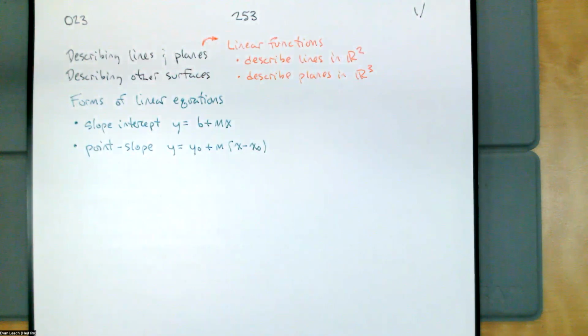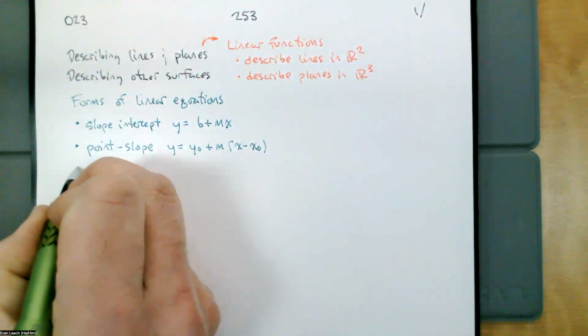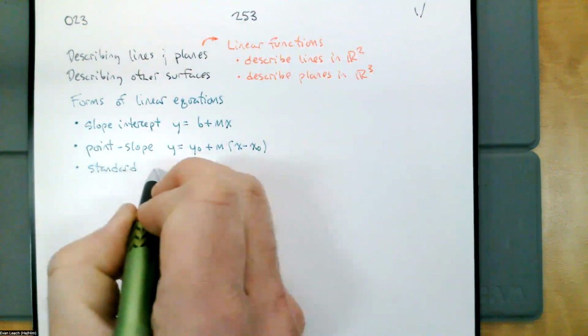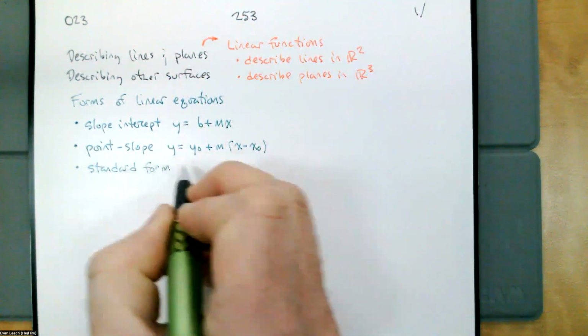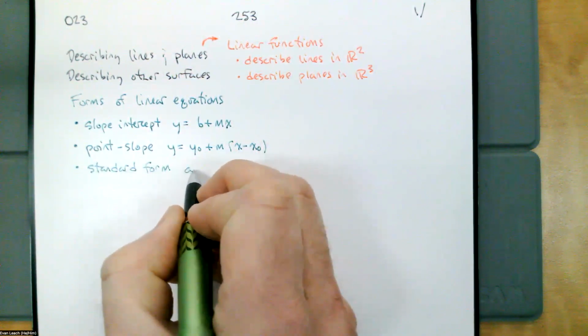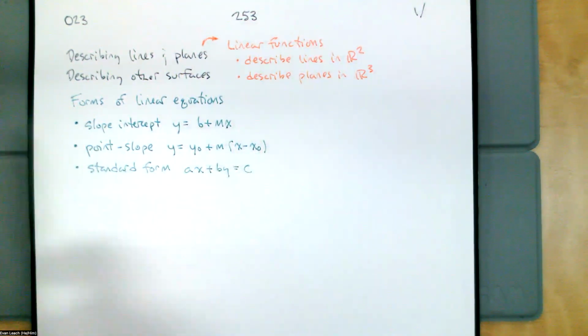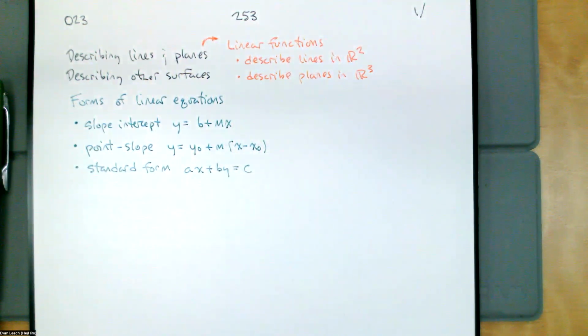And we had a standard form, ax plus by equals c. These are all descriptions that we use for lines in R2.